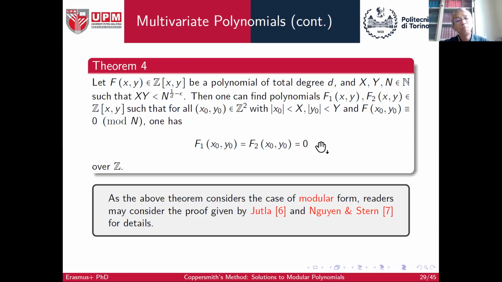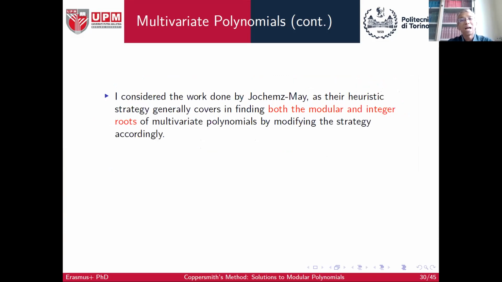As the above theorem considers the case of modular forms, the original references suggested the reader refer to Jutla and Nguyen and Stern's work for the proof. But personally, I consider the work done by Coron and May, because their heuristic strategy covers both finding the modular and integer roots of multivariate polynomials by modifying the strategy accordingly.